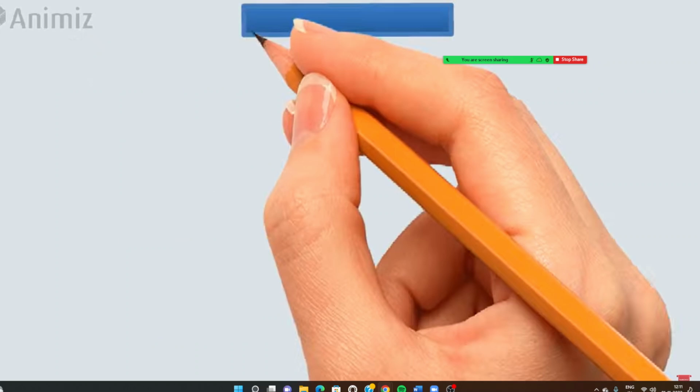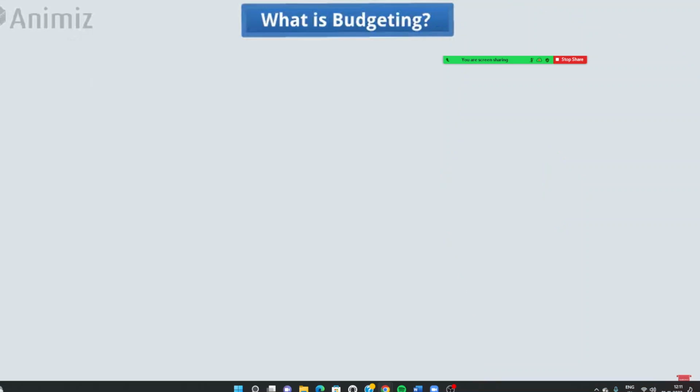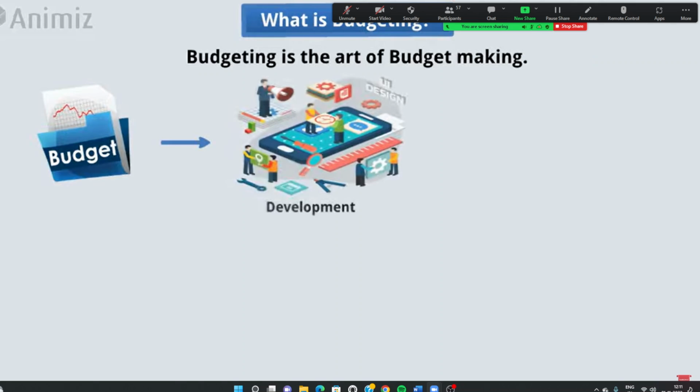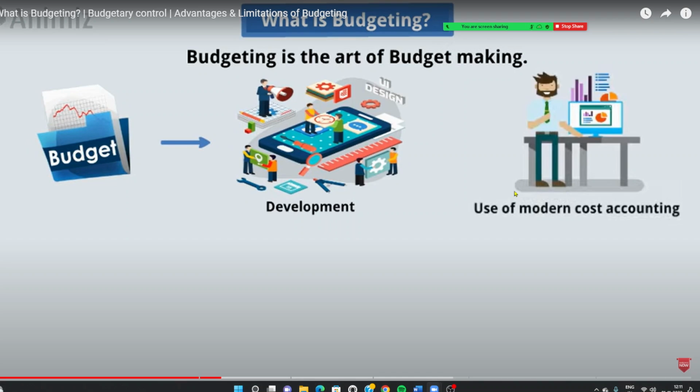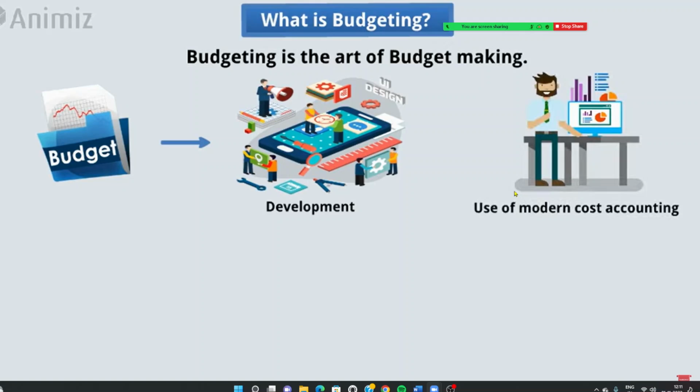So, what is budgeting? Budgeting is the art of budget making. Budget plays an important role in the development and use of modern cost accounting systems, in all types of business enterprises. Good budgeting shows the manager what he may expect in sales over the next few months.